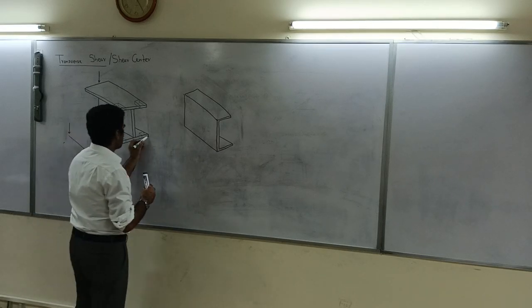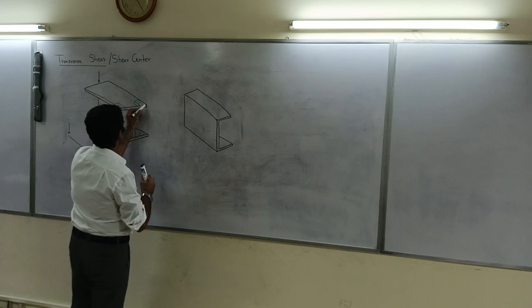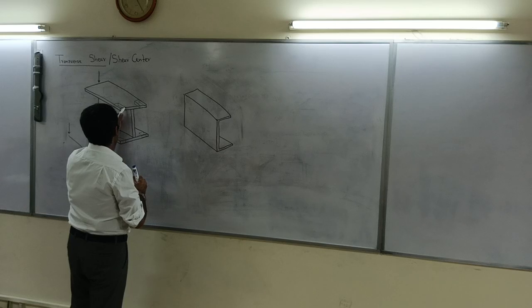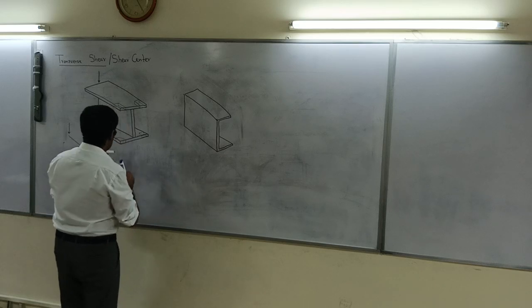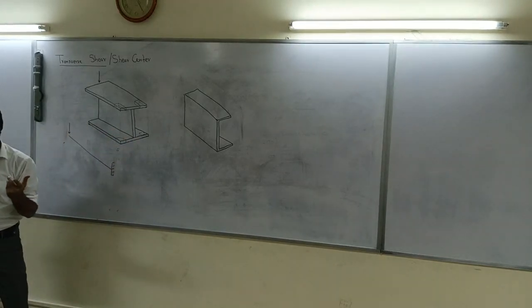Okay, so these are small boxes. I am assuming that I have divided this into an infinite number of boxes, but what I am interested in is finding out how the shear is flowing in here. Okay, what is the direction of shear?